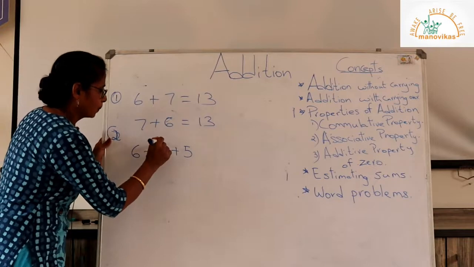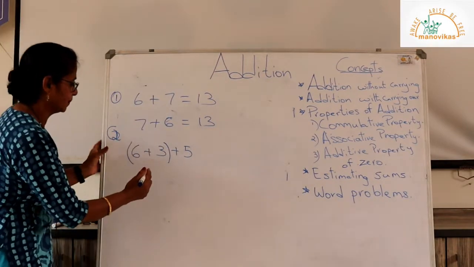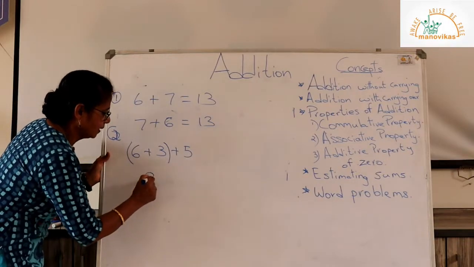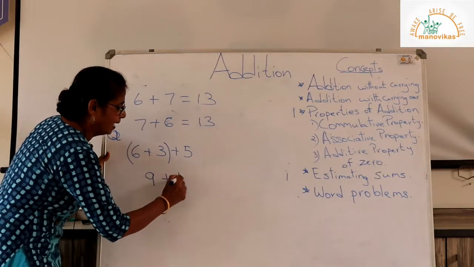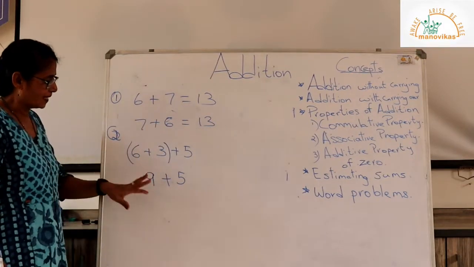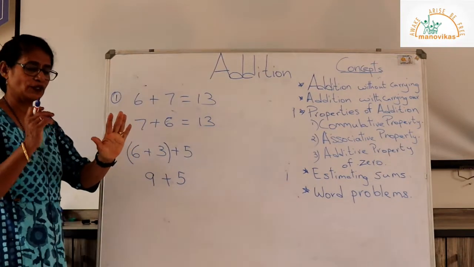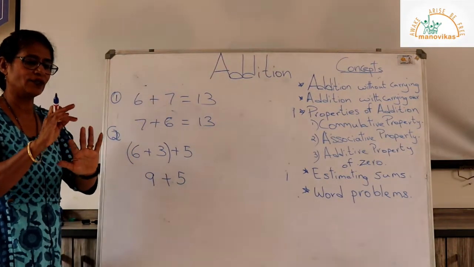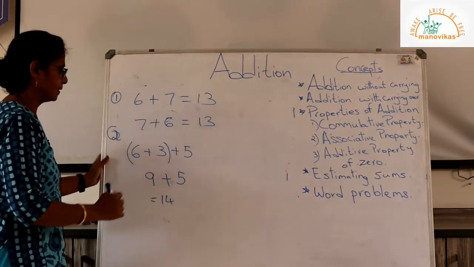So we put a bracket. We take the first two numbers, 6 plus 3 is equal to 9, plus we have 5 here. So 9 plus 5, 9 in your mind and 5 on your fingers gives you 9, 10, 11, 12, 13, 14. So you get 14.